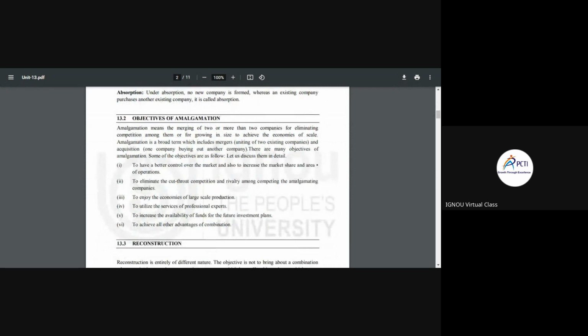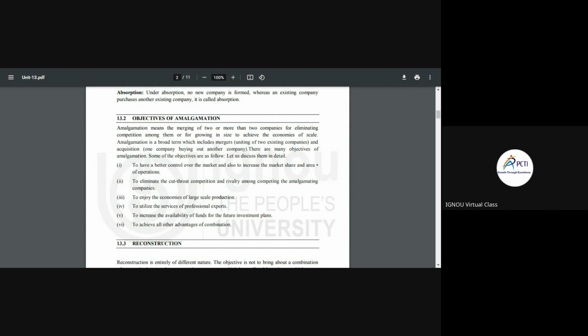Next one is objectives of amalgamation. Amalgamation means merging of two or more companies for eliminating competition among them or for growing in size to achieve economies of scale. Amalgamation is a broad term which includes mergers, that is, uniting of two existing companies, and acquisition, one company buying out another company. There are many objectives of amalgamation. First, to have better control over the market and to increase market share and area of operations.